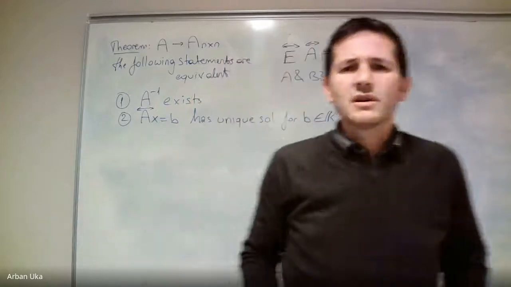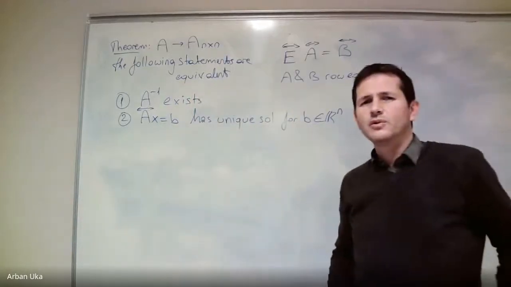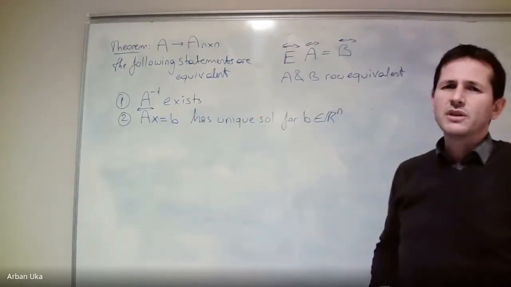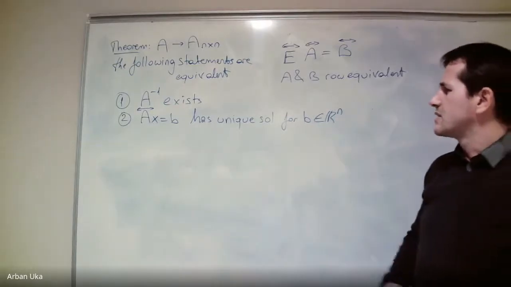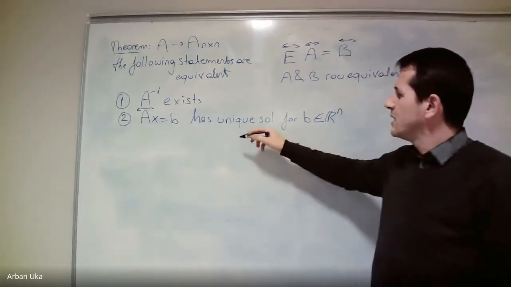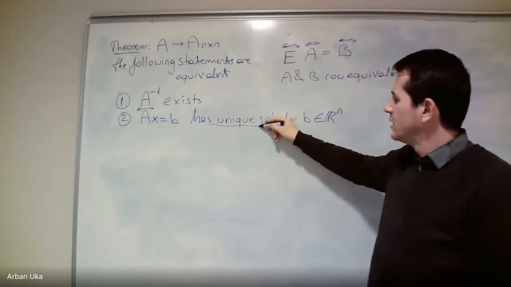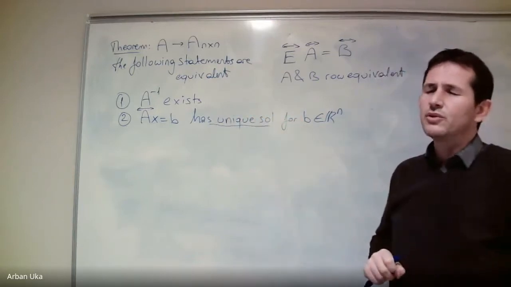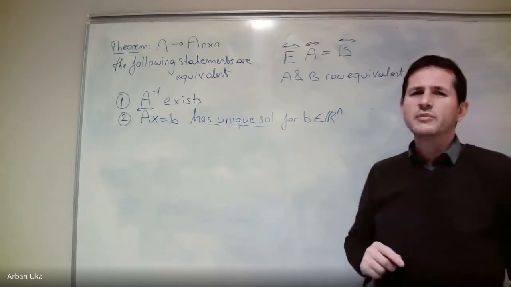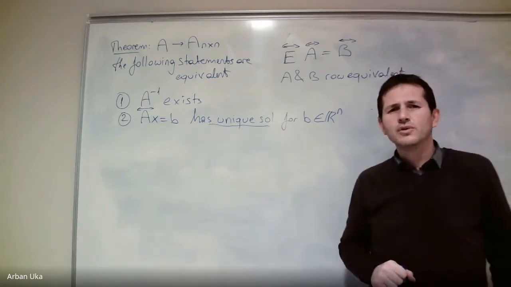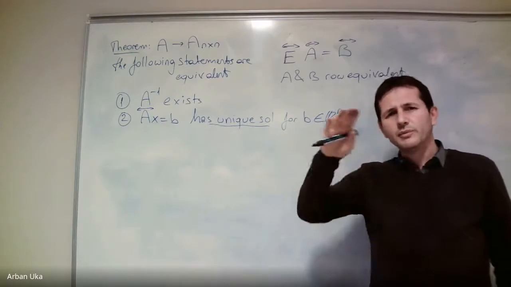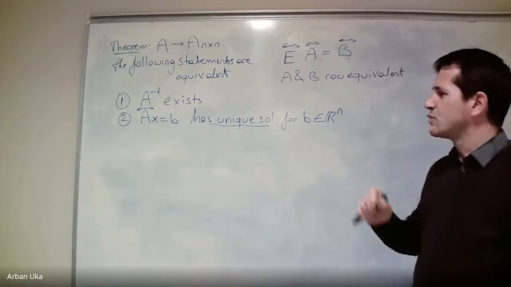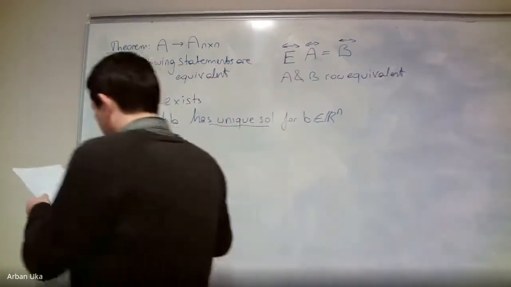What was a consistent system of linear equations? It was a system which had a solution. Now, this system has a solution, and a good one, because it has a unique solution, which means only one solution point. We don't have the solution represented by a line, or by a whole plane. We have just one clear point.